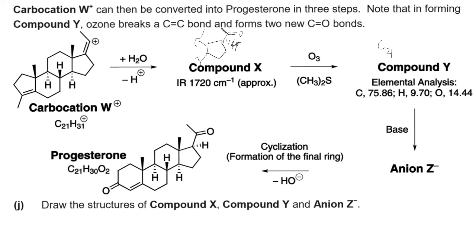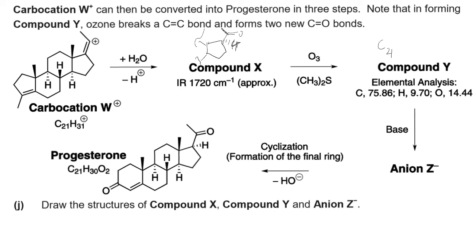So if we write down C21, now if you remember what you usually do for elemental analysis is you divide the percentage of here by the relative atomic mass of that particular element. So 75.86 divided by 12.01, that gives you a value of about 6.32, and if you divide that by 21, you get the scaling factor that you need to use on all the other elements, and the scaling factor is around 3.32.